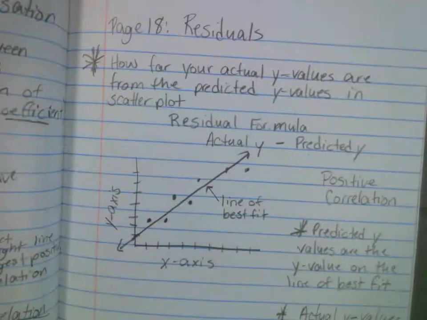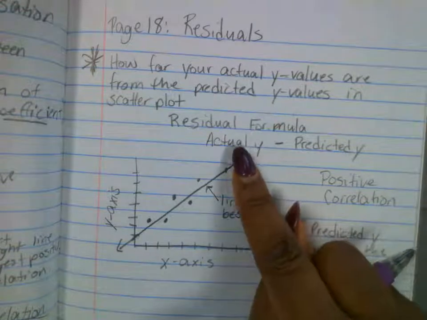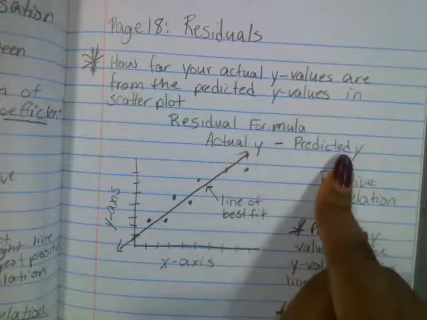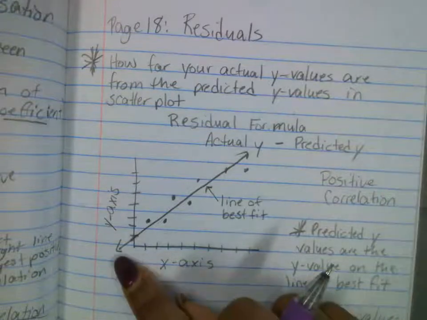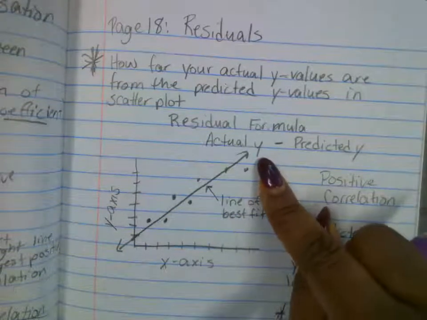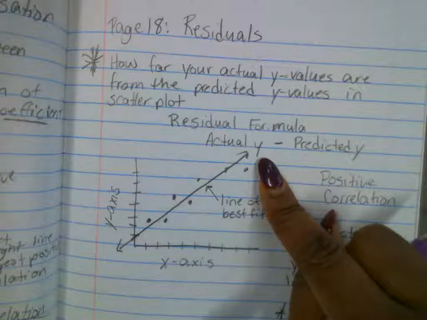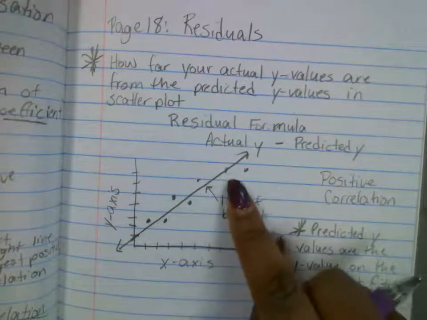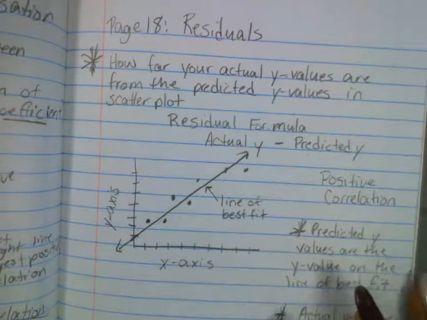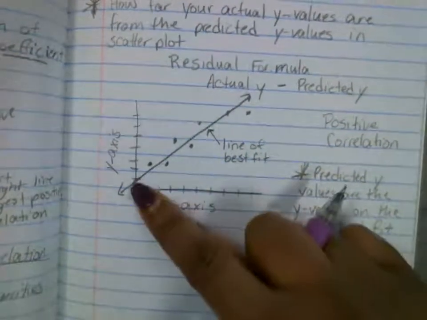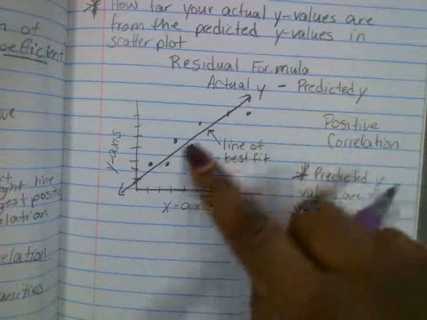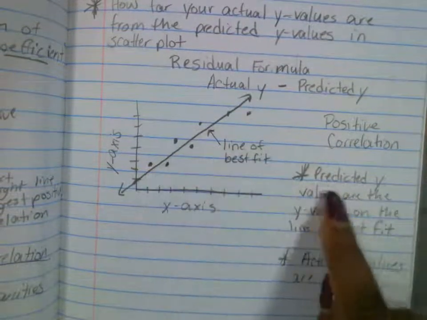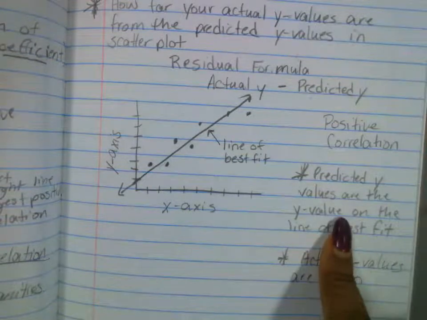All right. So your formula for residual, again, is your actual Y minus your predicted Y. That's your formula for residual. The first thing you do is find the line of best fit. If the line of best fit is not given, then you do the linear regression in the calculator. Okay? Then the Y values on the line of best fit are going to be your predicted values.